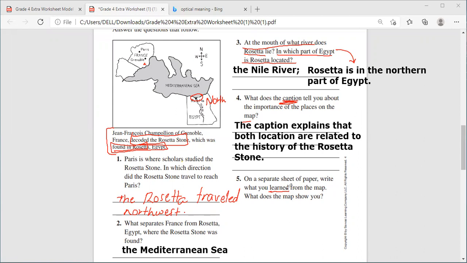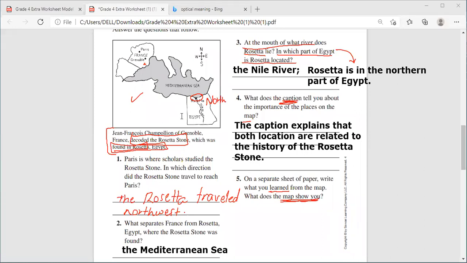So on a separate sheet of paper, write what you learned from this map. What did you learn? What does the map show you? If I were a student, what would I learn from this map?